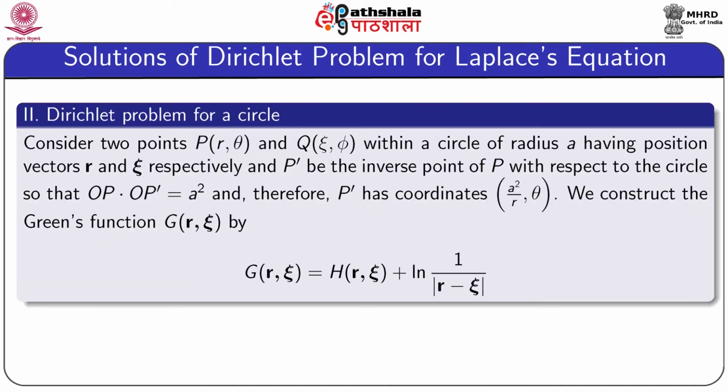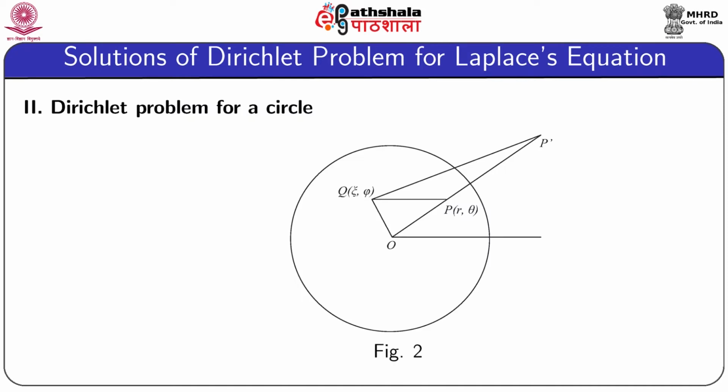P is a fixed point in the circle. If we see this figure, P is a fixed point inside the circle having position r theta, and Q is a variable point inside the circle. It is denoted by xi and phi. So, these are the polar coordinates of the 2 points.